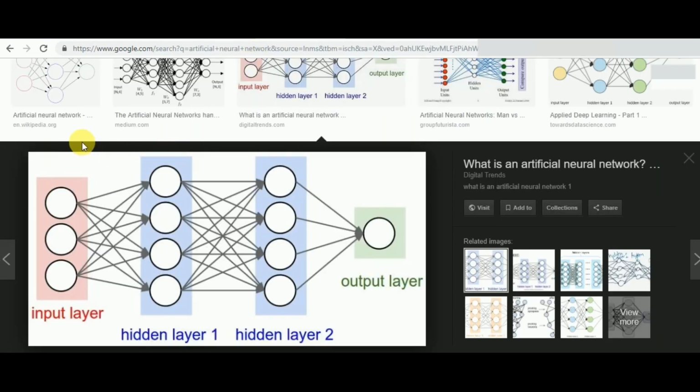This is what we call an artificial neural network, more preferably deep learning or the dense artificial neural network.